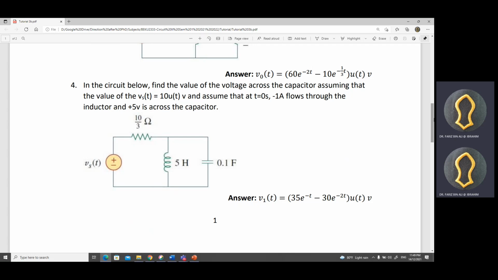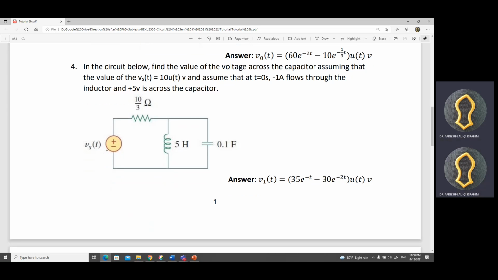So in the circuit below, find the value of the voltage across the capacitor, assuming that the supply is given as 10 u(t), and assume that at t equal to 0 seconds, minus 1 A flows through the inductor, and 5 volt is across the capacitor.